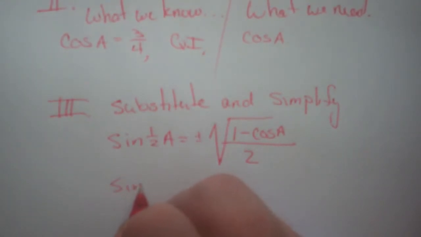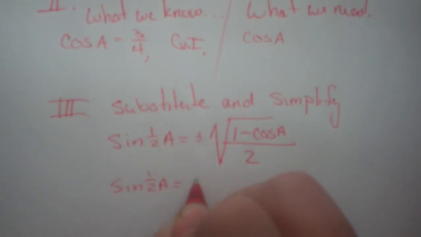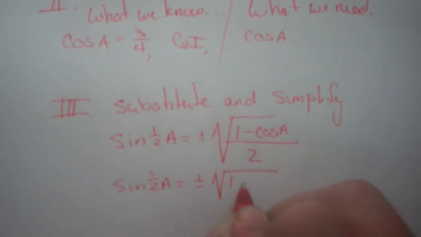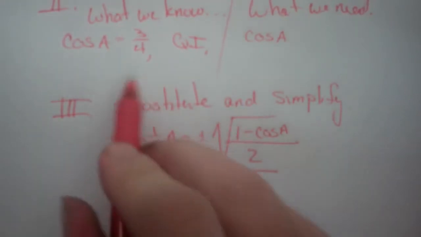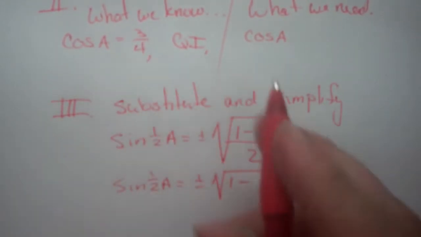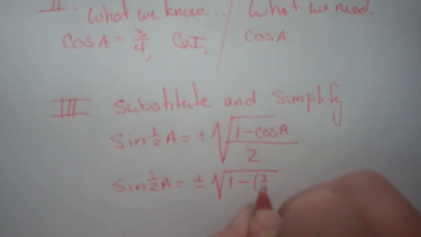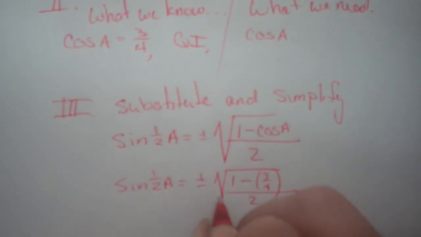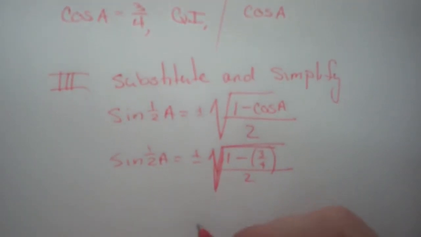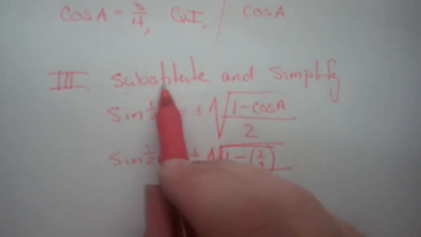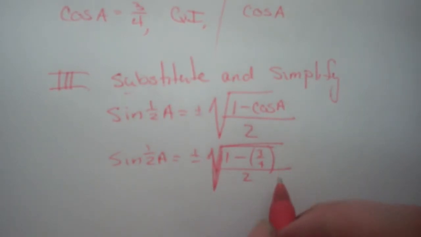This is the sine of 1/2 a is equal to plus or minus the square root of 1 minus, instead of this cosine of a, we're going to write 3/4 right there, since that's our substitution, over 2. This whole thing, of course, is the radical. This over 2 is still underneath the radical. We're going to have to simplify now. That was the substitution, and now the simplification.